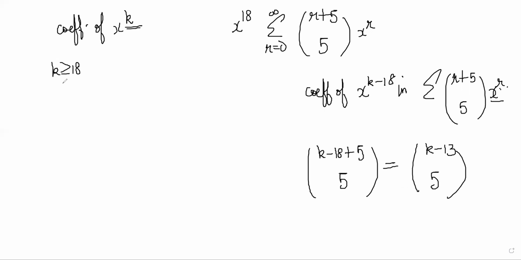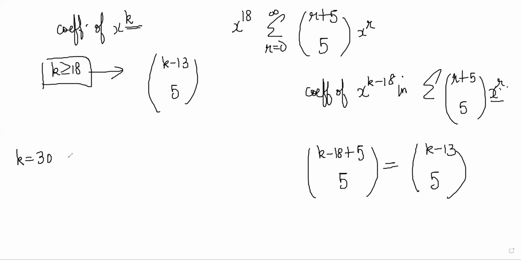So for any k, I'm getting the answer as k minus 13 c5, right? Okay. So if someone had asked me k is equal to 30, what is the coefficient of that in the original series? I would have just said 30 minus 13 c5, so 17 c5, right? So this is my answer for the summation.